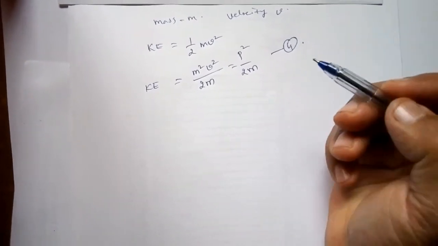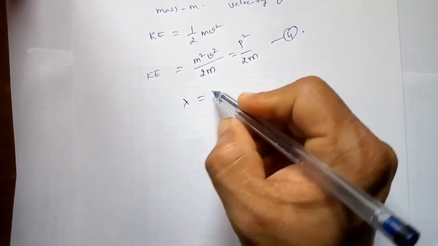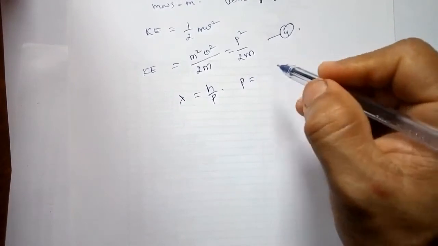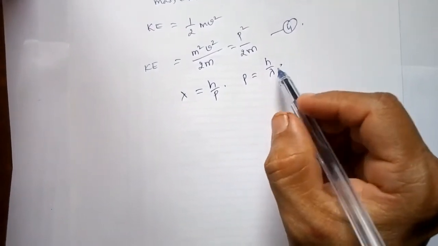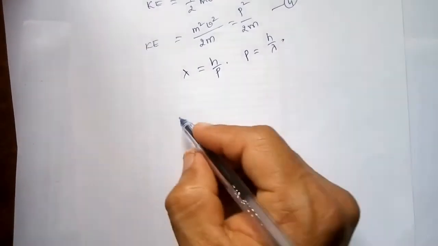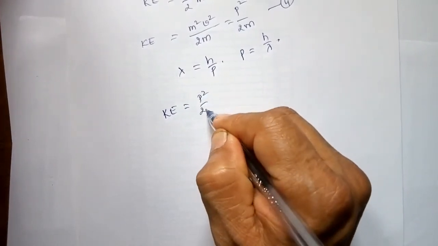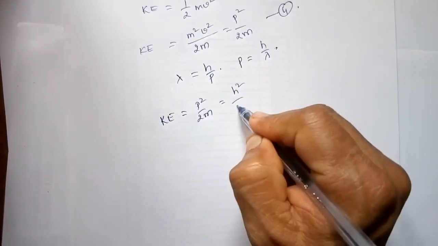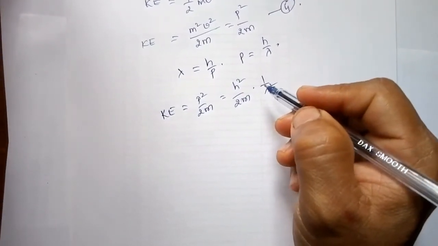From de Broglie wavelength, we know lambda is given by h by p, or momentum can be written as h by lambda. Let us substitute this in equation 4. Therefore kinetic energy is equal to p square by 2m, that's equal to h square by 2m lambda square.